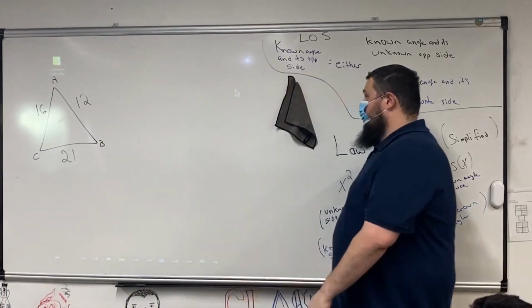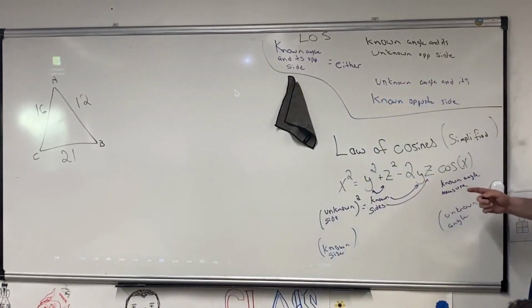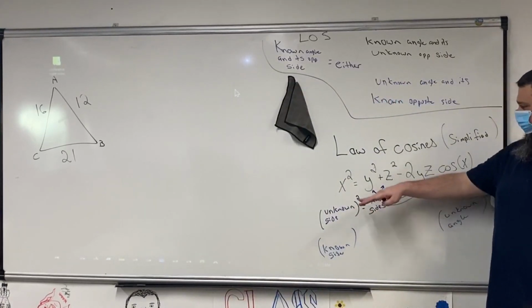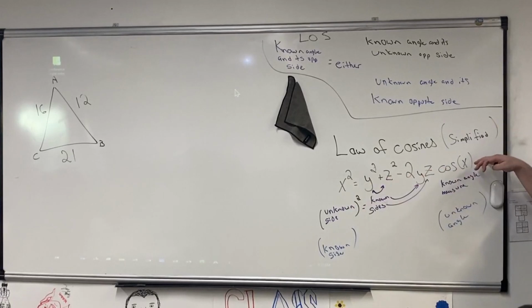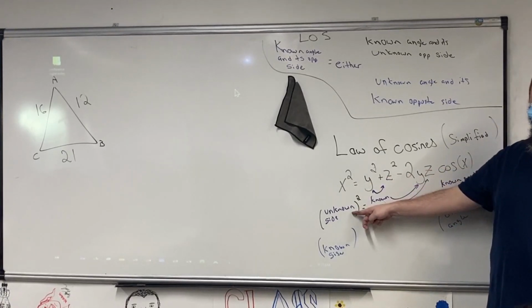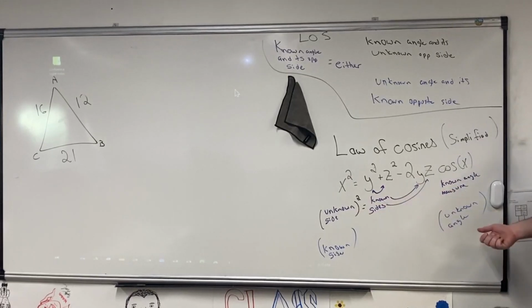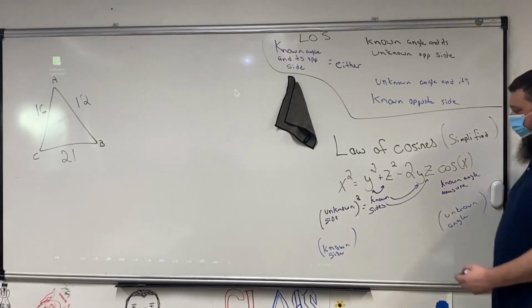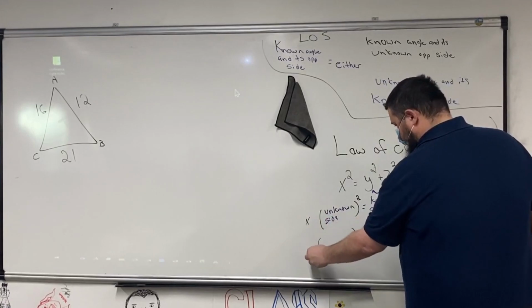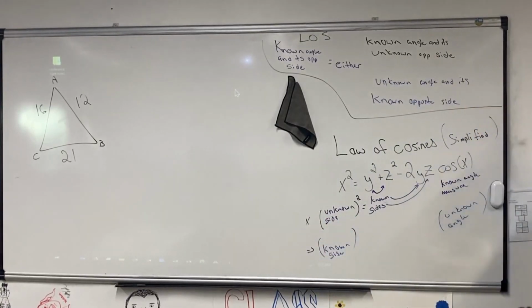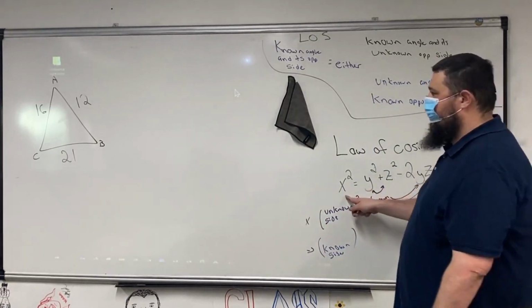So, are we going to look at our purple rule? So, if this is the actual formula, we'll call this instance 1, instance 2. Do I have an unknown side here? So I'm not going to use the purple rule, I'm going to go for the blue. So I need my known side to be my x squared.